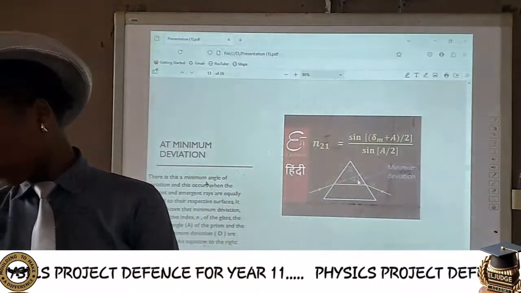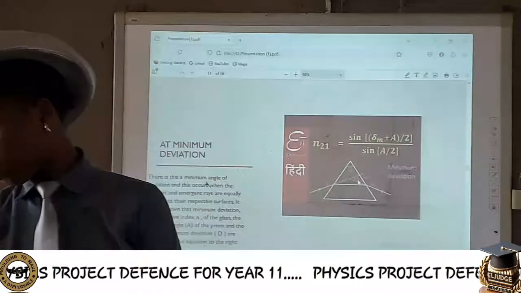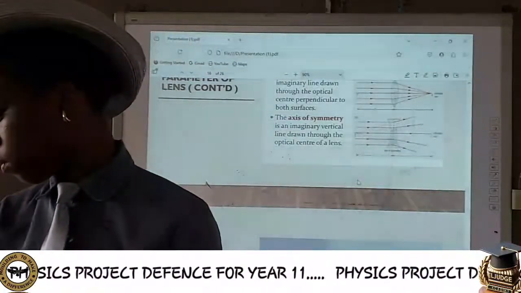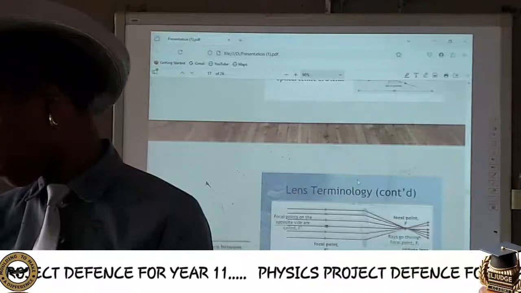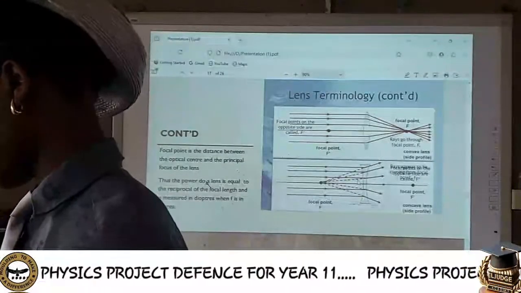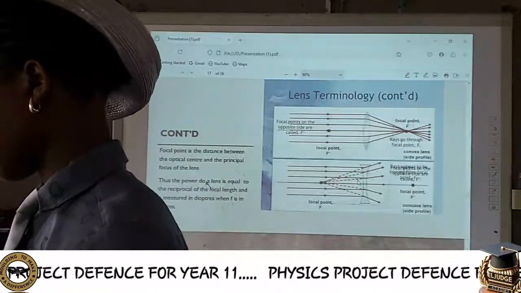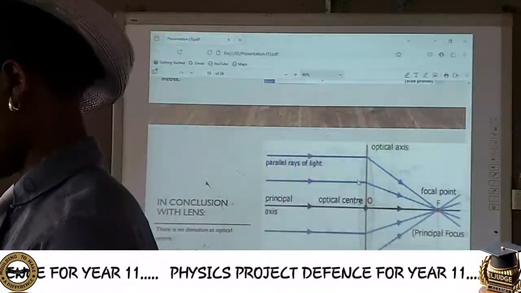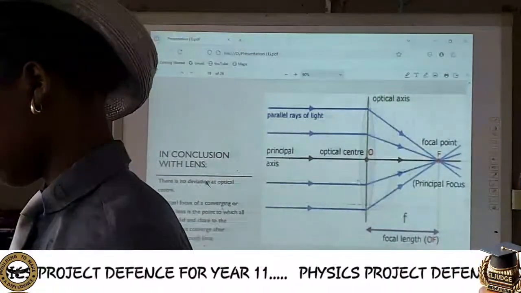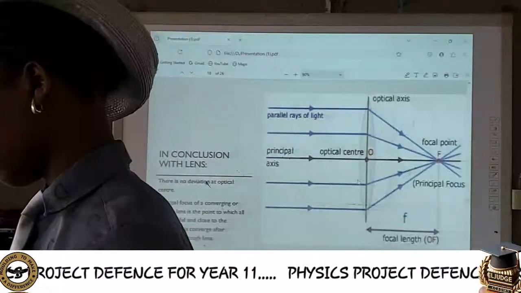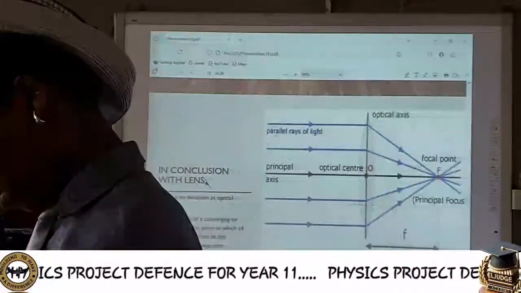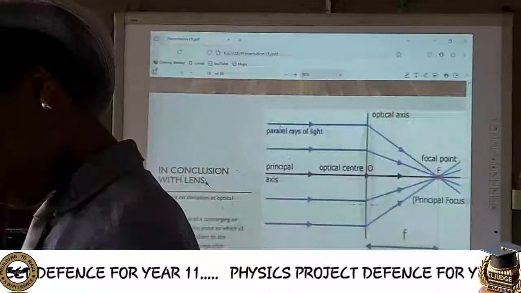And then also under your lenses, you're able to tell us the types of lenses and the terminologies, but we did not see the images formed by these lenses, because there are diagrams that explain this. You're supposed to explain to us that there are about three rules.